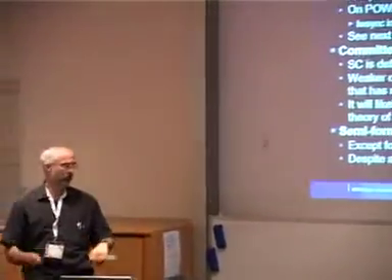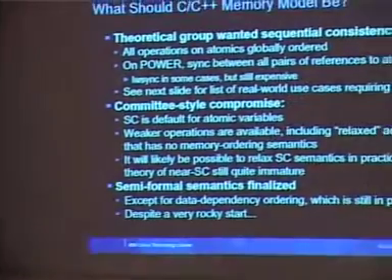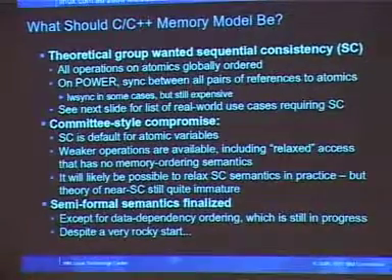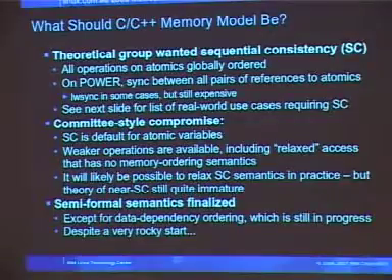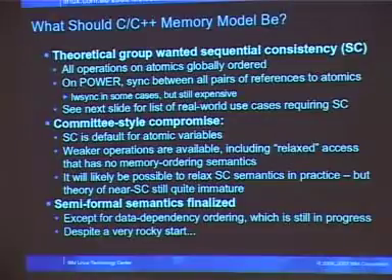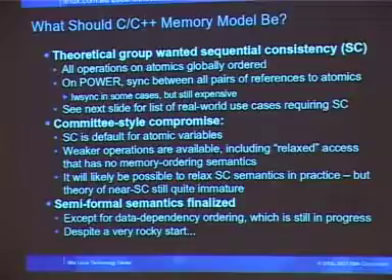Okay, so we had a big debate on what the C and C++ memory model should be. Theoretical people wanted sequential consistency. On weakly ordered machines, this means you have memory barriers all over the place, so there was a lot of resistance to that. We beat them over the head asking for real-world use cases.